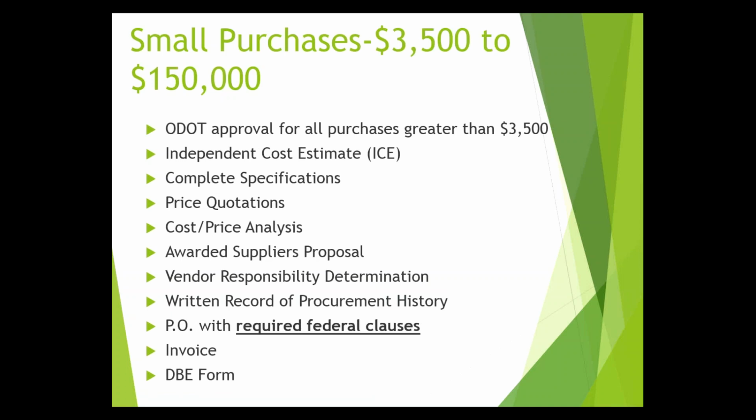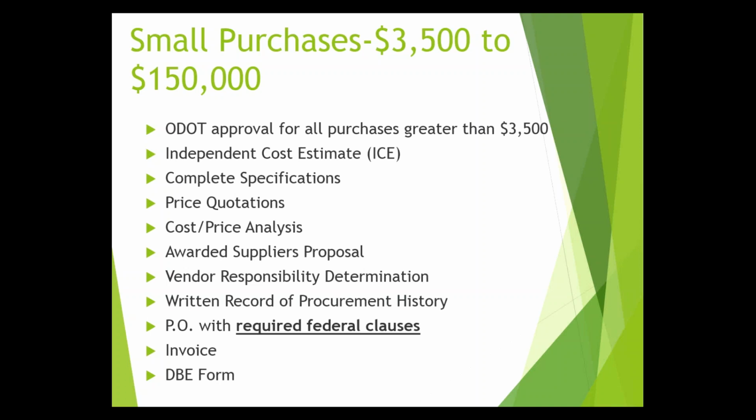Okay, this is a little bit new, the first bullet here, ODOT approval for all purchases greater than $3,500. This is not a levels of concurrence, which at the large level you need to do. This is just calling in to check and say, hey, I have a purchase that's $4,000 or $10,000 or $15,000.